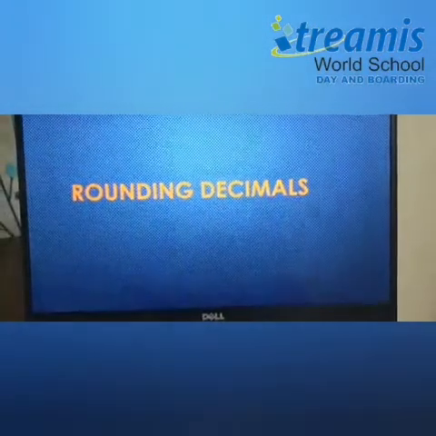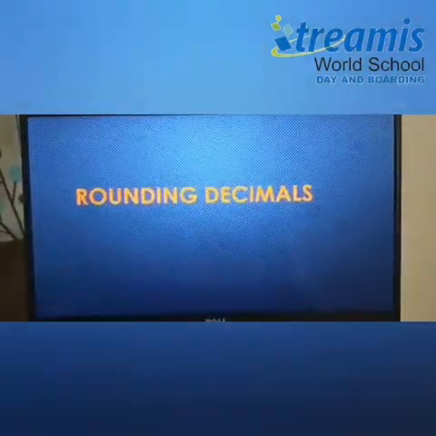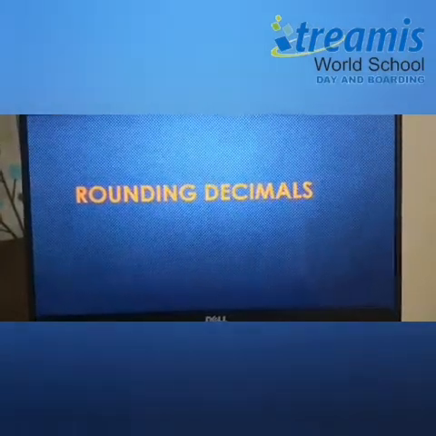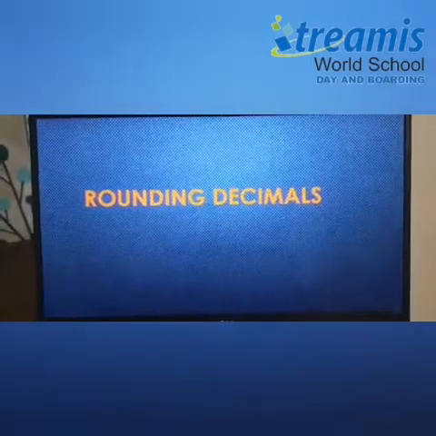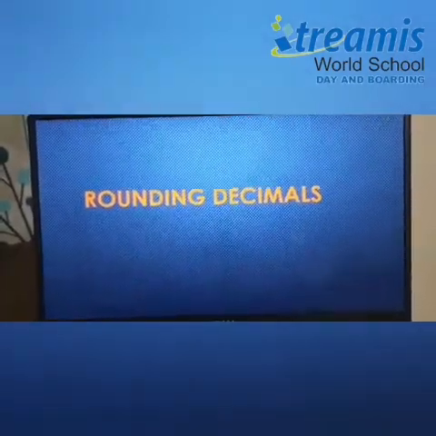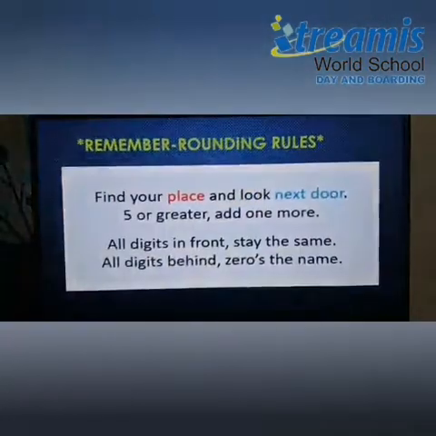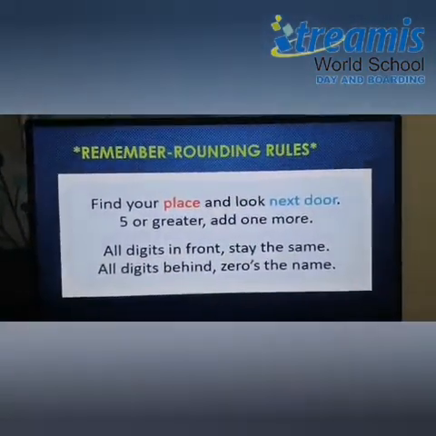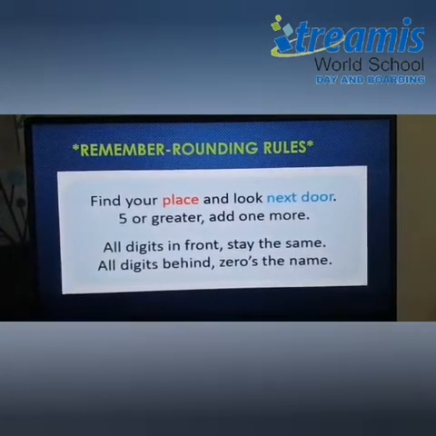Now, rounding decimals. So let's move to our new topic, which we are going to cover today, rounding decimals. So today I'm also going to teach you how to round off decimal numbers. Okay, so for rounding decimals, you need to remember the rounding rule.